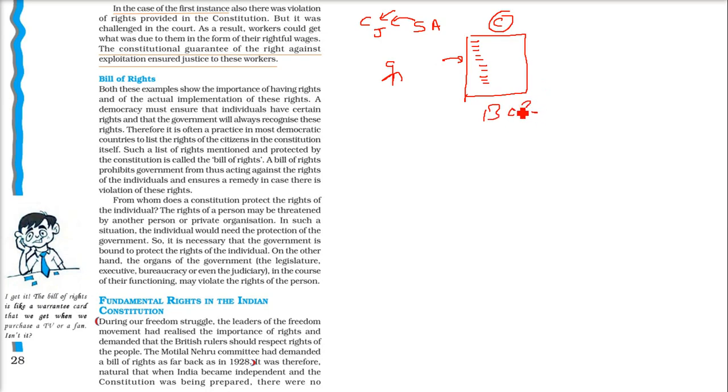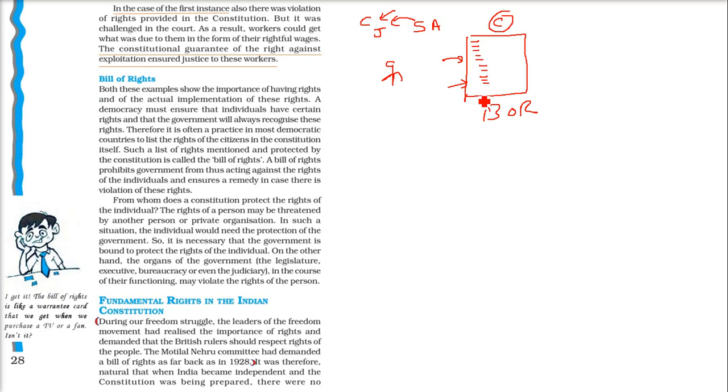Bill of Rights is what? It is the list of rights mentioned and protected by the constitution, and it is called the Bill of Rights. So what does it do? It prohibits, it stops the government if they are acting against the individuals. That is, if they have made certain rulings, certain laws that are violating this list, there is a remedy.